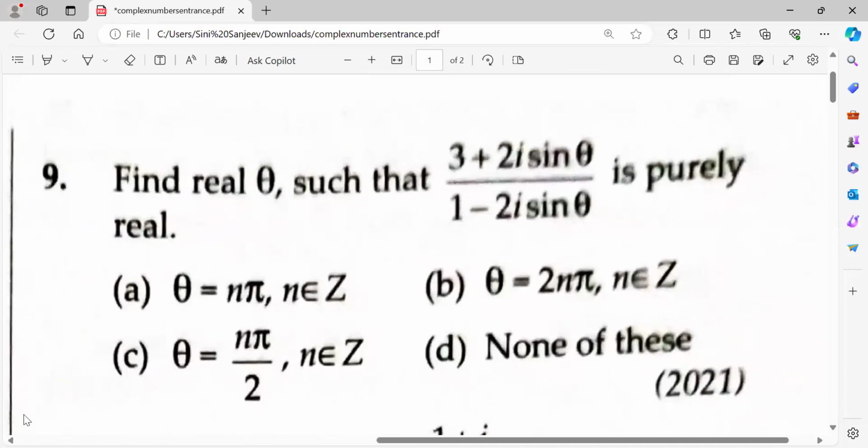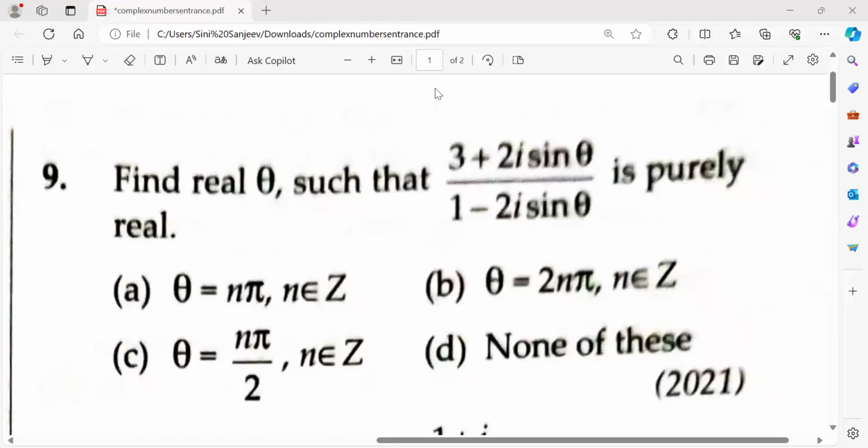And question number 9. See, for question number 9, the shortcut for this particular question, 1 second. I think I stopped the sharing of screen. You'll get it now. For this particular question, is purely real.